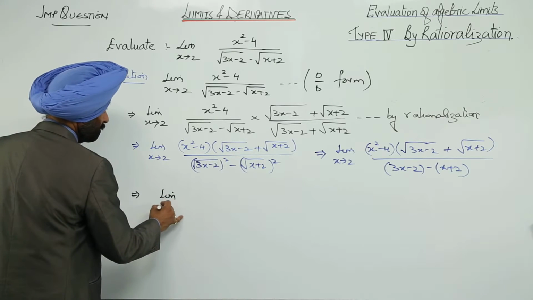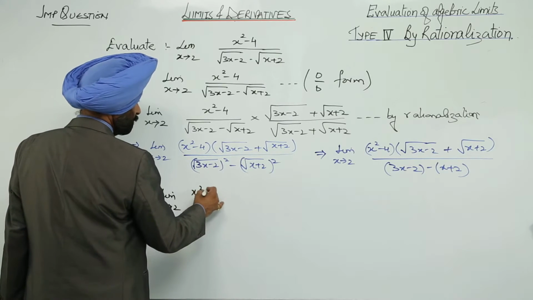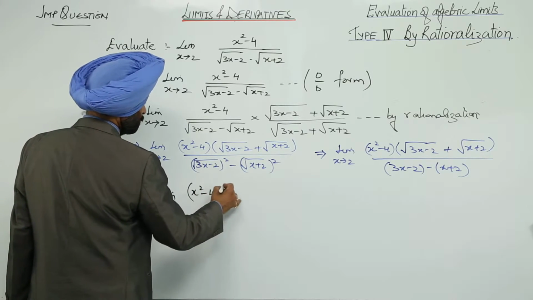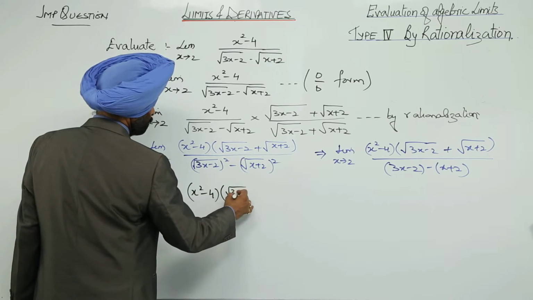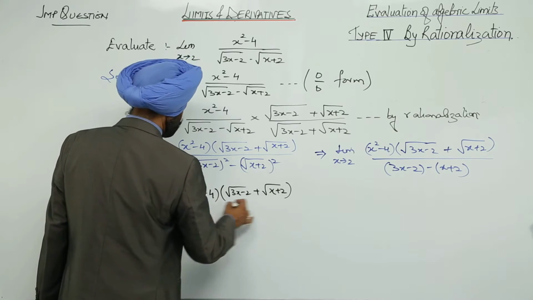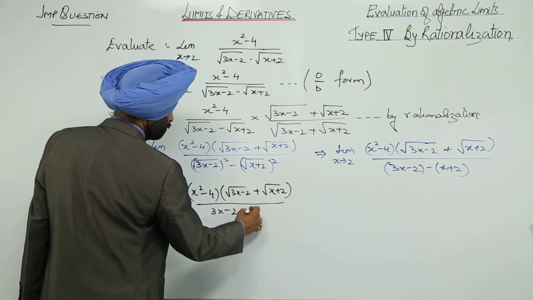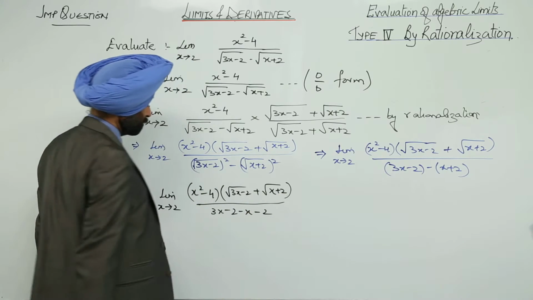Limit x approaches 2, x² − 4, (√(3x − 2) + √(x + 2)) upon 3x − 2 − x − 2. Okay.